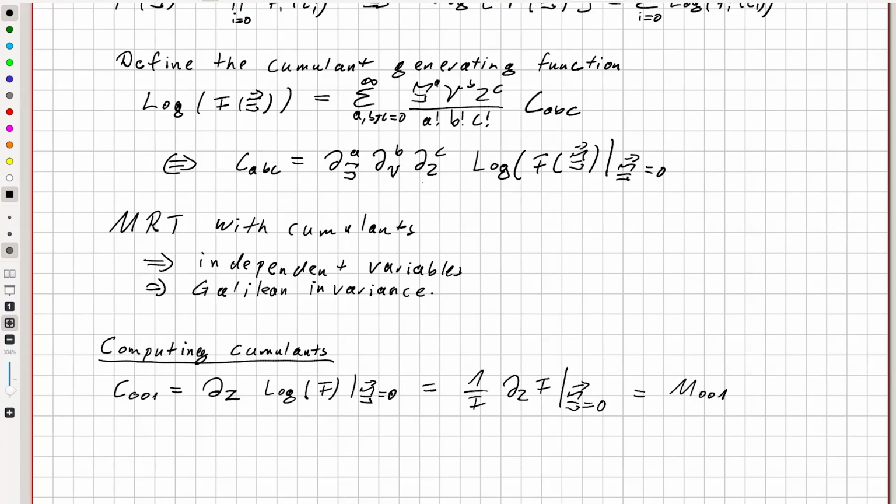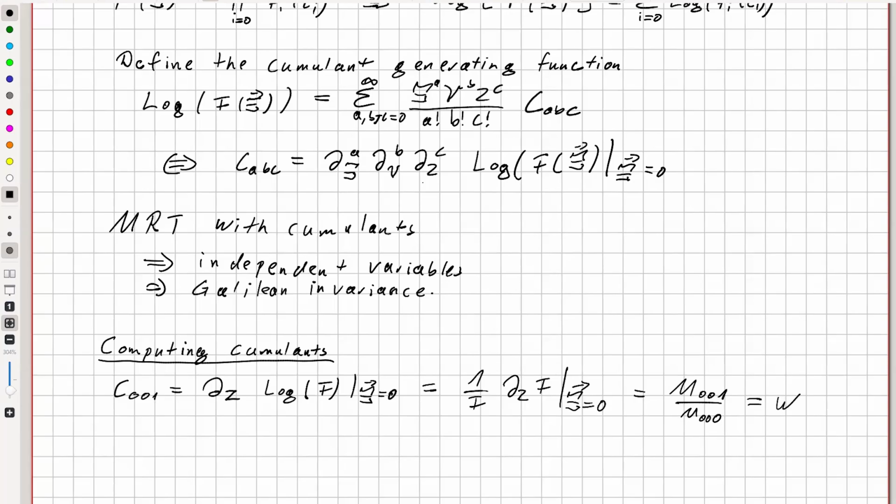What is this? f at xi equal to 0 is the zeroth order moment, so it's rho, it's m_000. So this comes out as m_001 divided by m_000, and this is the velocity.